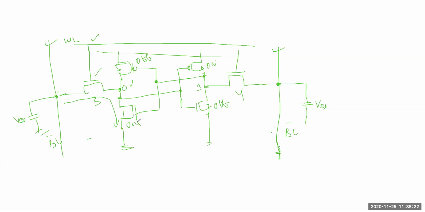So when transistor 1 and transistor 6 are off, then this will be changed. This is off means this is on. This is on means this is 0. This is 0 means this is 1. It will change. Very simple answer.